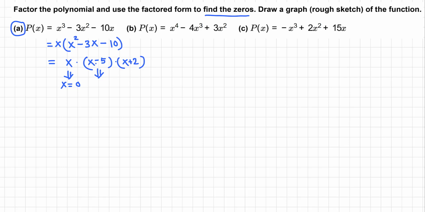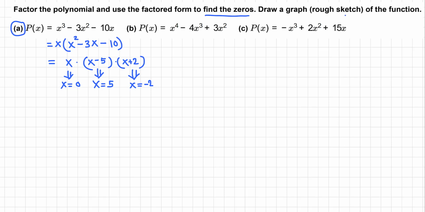From x minus 5 equals 0 means x equals 5. Or you can think in this way, 5 makes this factor 0 because 5 minus 5 is 0. From x plus 2 equals 0 means x equals negative 2, or negative 2 plus 2 is 0. So we got 3 factors, 3 zeros.